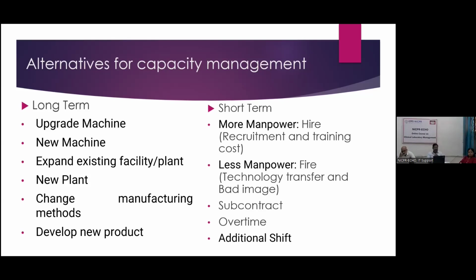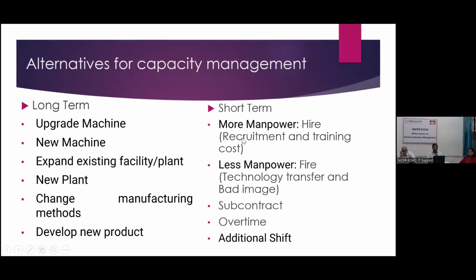Then we can change the manufacturing method, or we can develop a new product by which we can utilize the existing capacity. To utilize our existing capacity, we can develop a new product, or for example, in a clinical laboratory, we can start doing a newer test in our existing machines to justify our capacity.